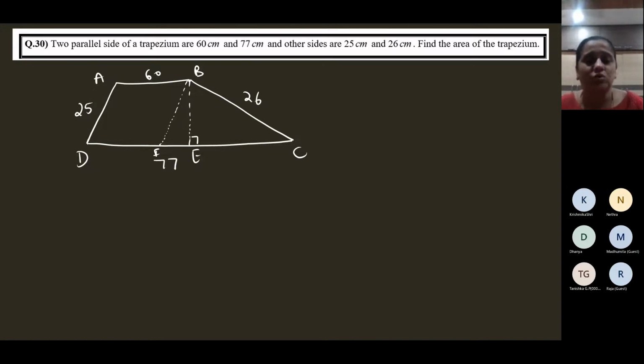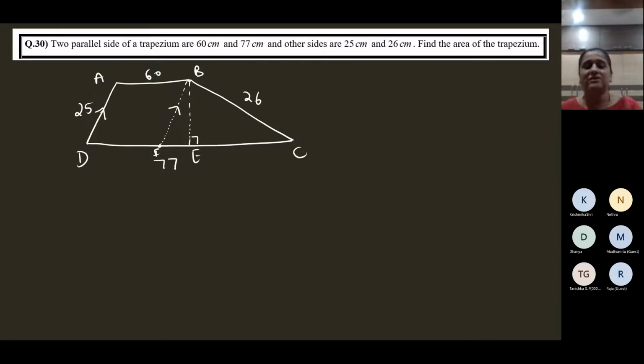For that, through B, we draw a line parallel to AD to meet DC at F.